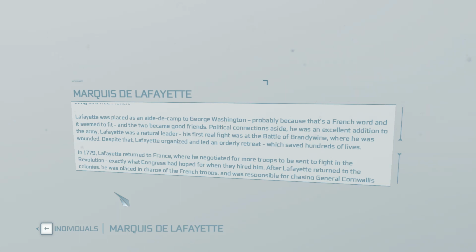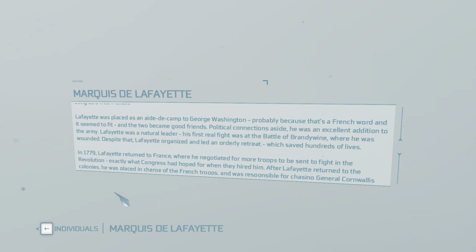In 1779, Lafayette returned to France, where he negotiated for more troops to be sent to fight in the Revolution, exactly what Congress had hoped for when they hired him.